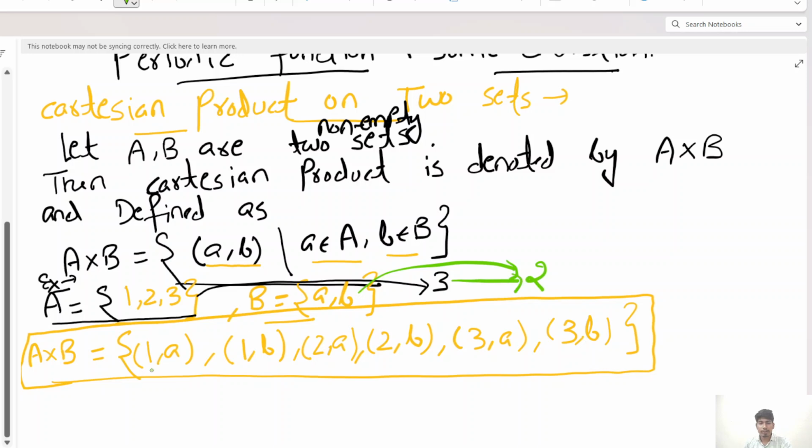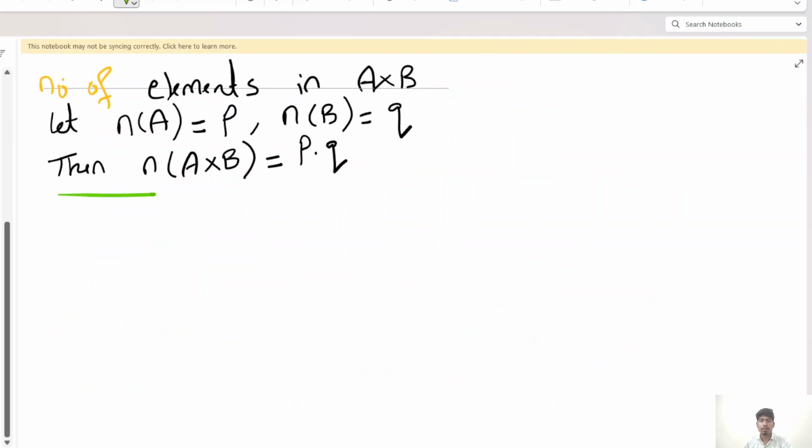So the number of elements in A cross B is 6, that is 3 into 2. 1, 2, 3, 4, 5 and 6. Result verified.